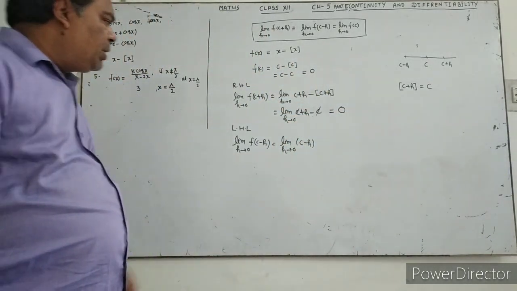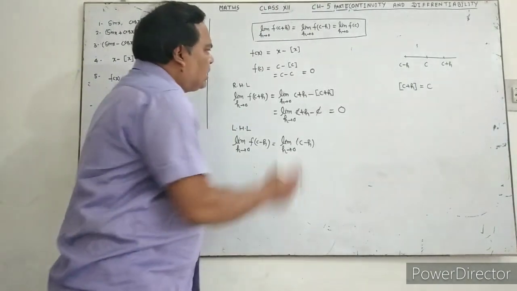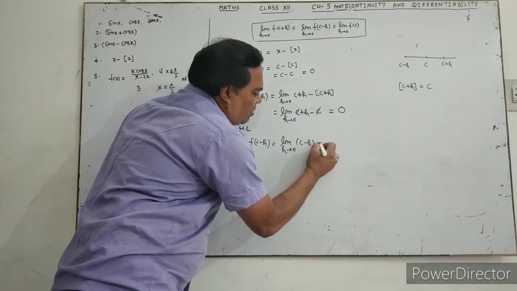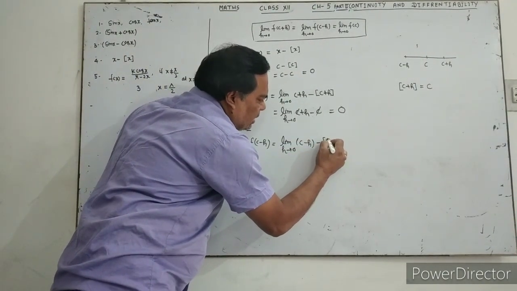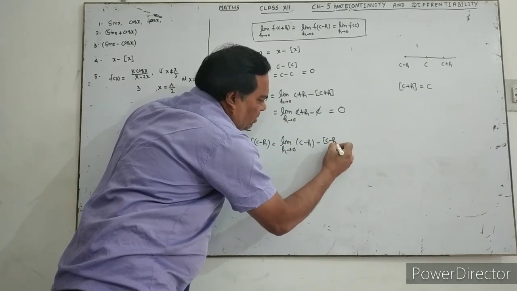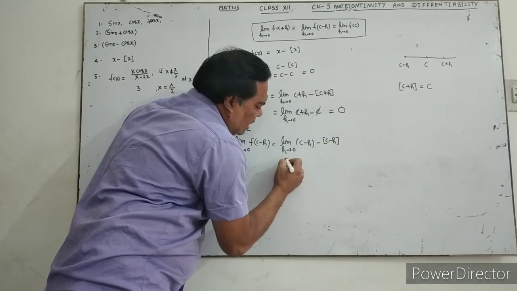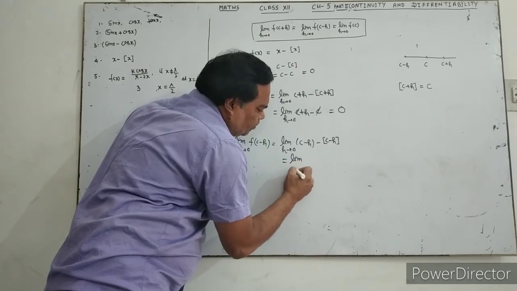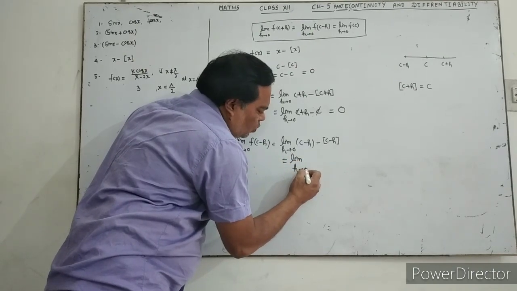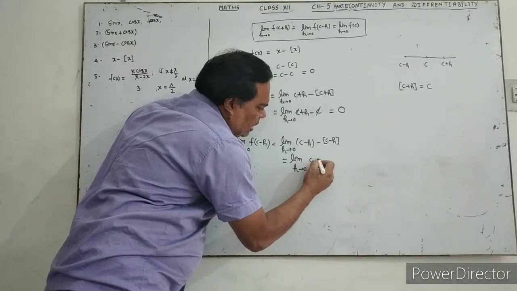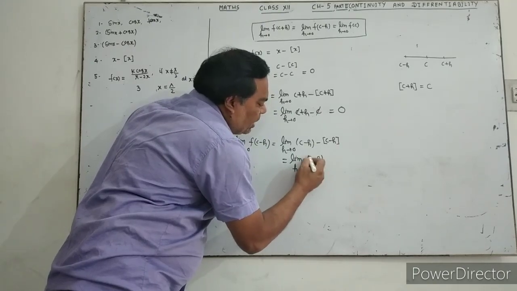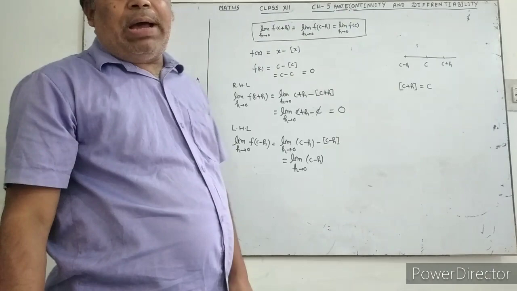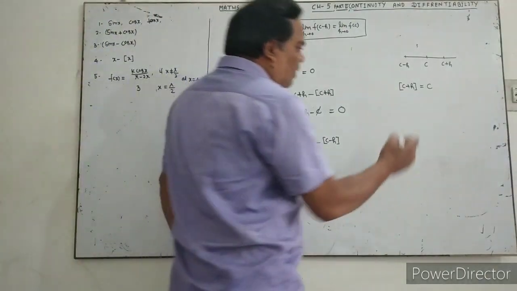Now the left hand limit: f(c minus h) equals c minus h minus the greatest integer of c minus h. Then this is equal to the limit as h tends to 0 of c minus h. What is the value of c minus h in the greatest integer function?